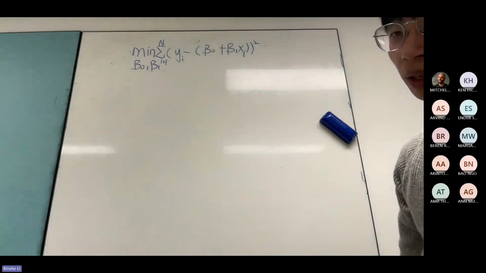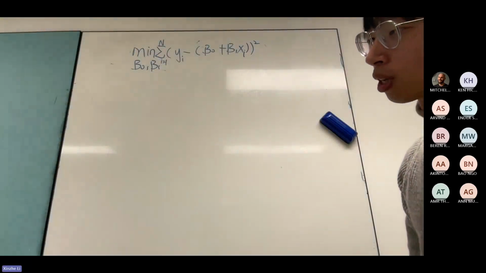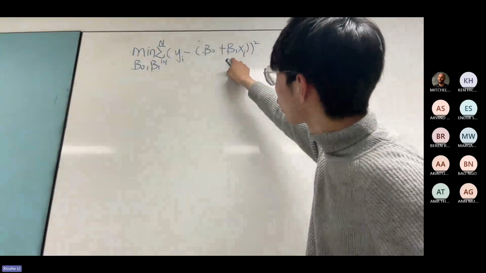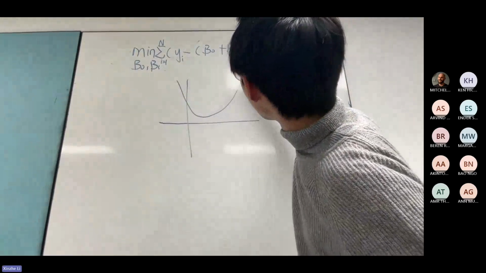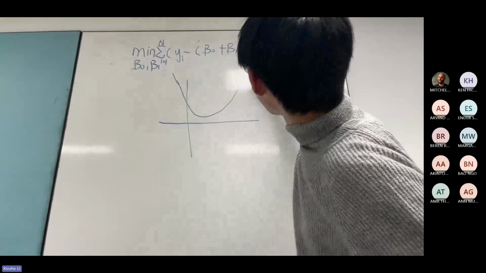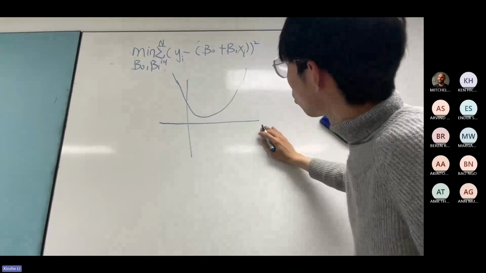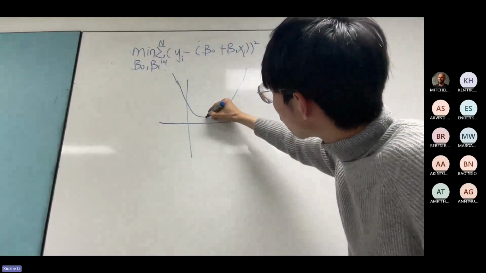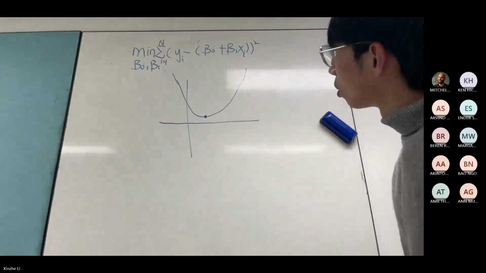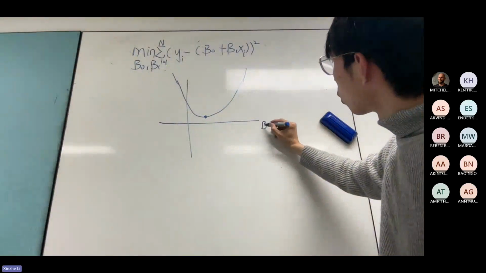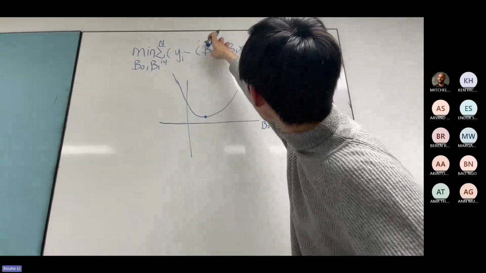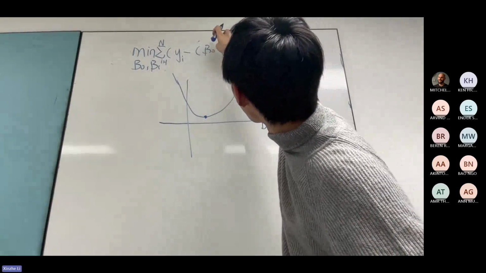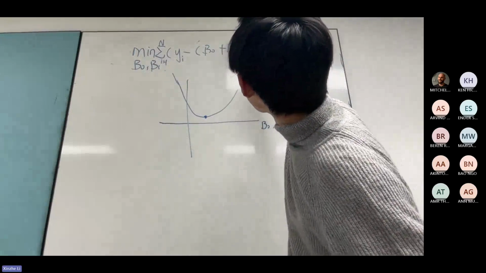One hint is you can think about calculus, and this is a convex function. If the minimum exists, how can we get this minimum? Here is beta 0 or maybe beta 1, because if you put this inside, beta 0 becomes a square, and beta 1 also becomes a square.